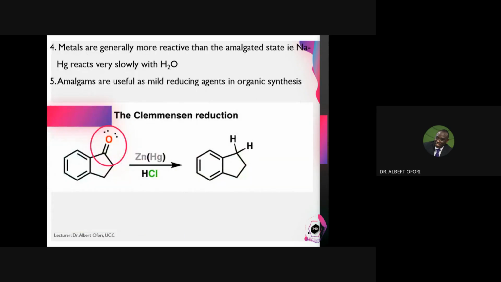So zinc amalgam in hydrochloric acid, the Clemmensen reduction, which in organic synthesis we use a lot so that we reduce ketones to alkanes. That's a nice reduction, but this must be done under a control system so that we don't get exposed to the mercury which we're having.